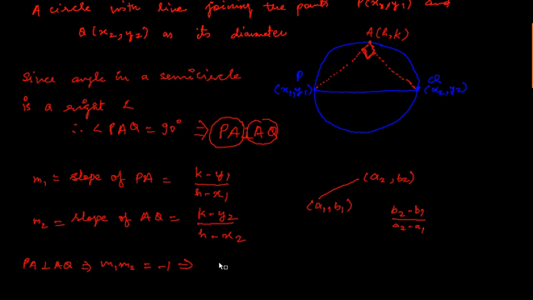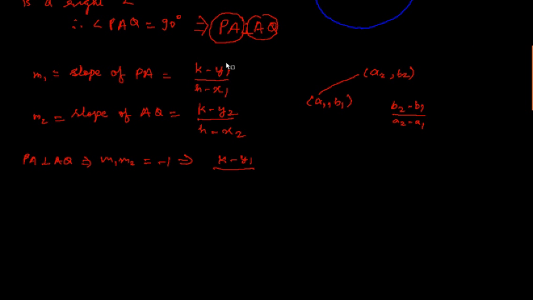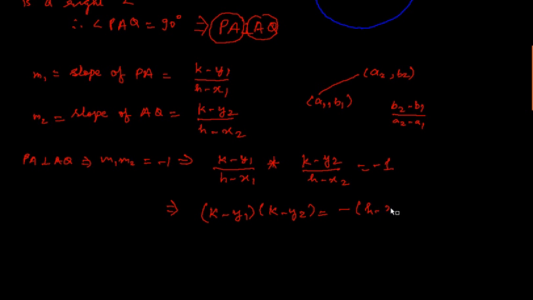Which implies k minus y1 upon h minus x1 times k minus y2 upon h minus x2 is equal to minus 1, which says k minus y1 times k minus y2 is equal to minus h minus x1 times h minus x2, which means k minus y1 times k minus y2 plus h minus x1 times h minus x2 is equal to 0.